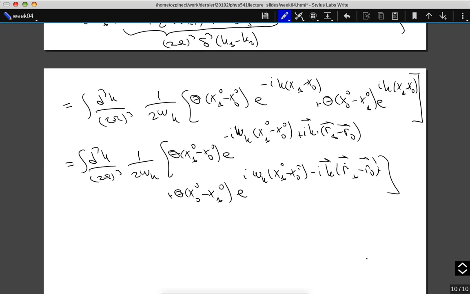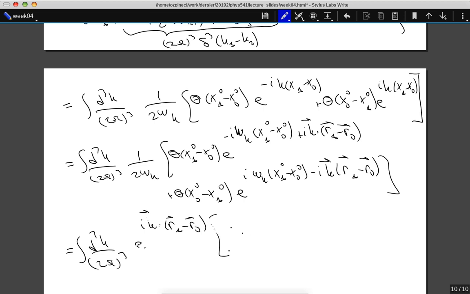Now, I will make a slight change. In the second term, instead of k, I can just put minus k. The sign over here will change. Omega k will not change, so those parts of the exponents will be the same. I will have e to power i k dot r1 minus r0.